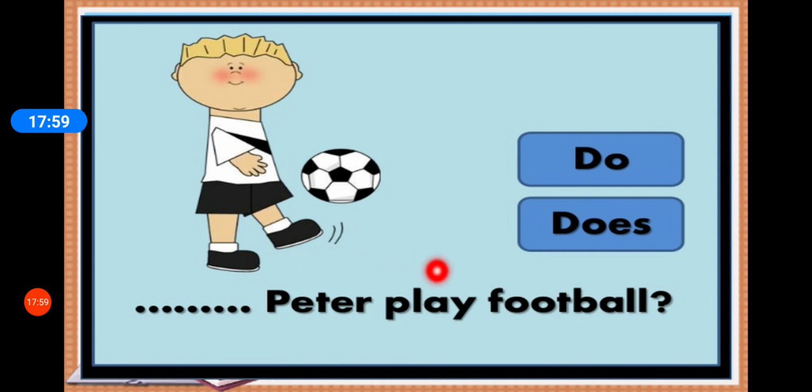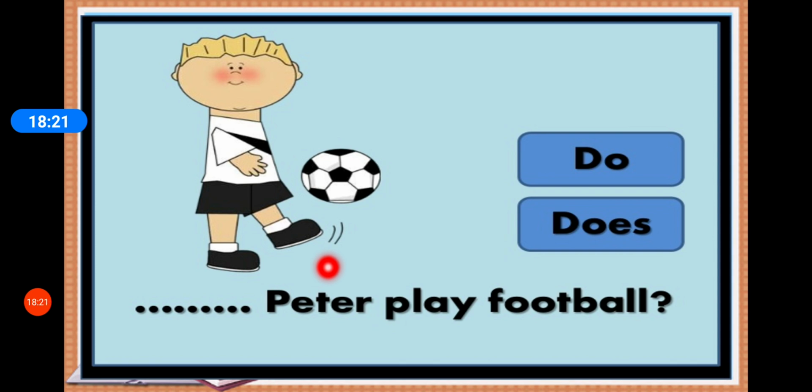Dash Peter play football? Do Peter play football or does Peter play football? For that, children, we have to pay attention to the subject. That means about whom we are talking. Yes, we are talking of Peter in this sentence.